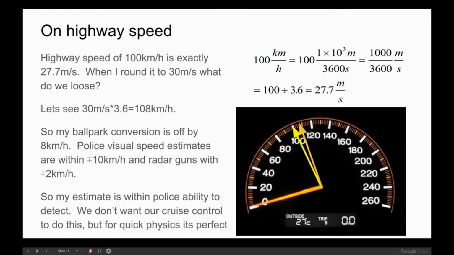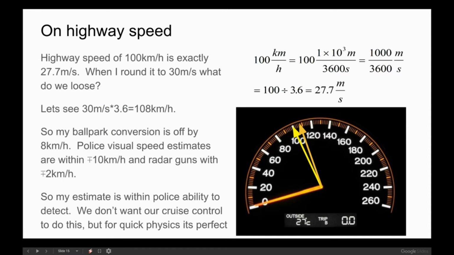The rounding in this case is well within the ability of police radar to catch. If you go online, you'll find that police radar guns are good for plus or minus 2 kilometers an hour. So my rounding here would put you 8 kilometers over the speed limit. The radar gun would easily detect that.